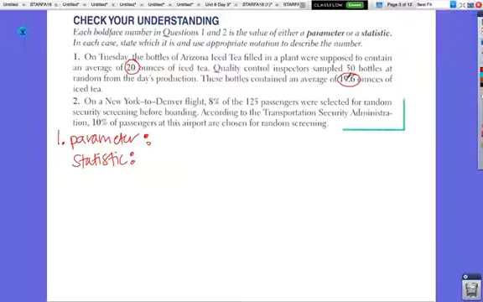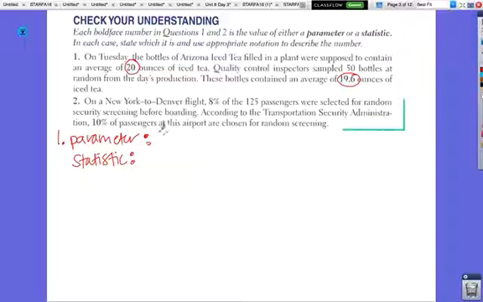Remember that parameter starts with a P, just like population, so parameter and population go hand in hand. Whenever you find a statistic or a parameter, you are finding the mean. But we represent the mean two different ways depending on whether we're talking about a population, as with a parameter, or a sample, as with a statistic.